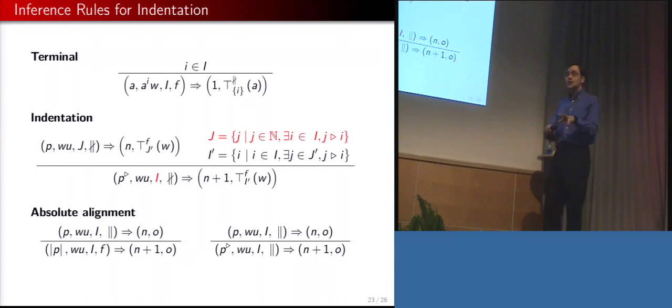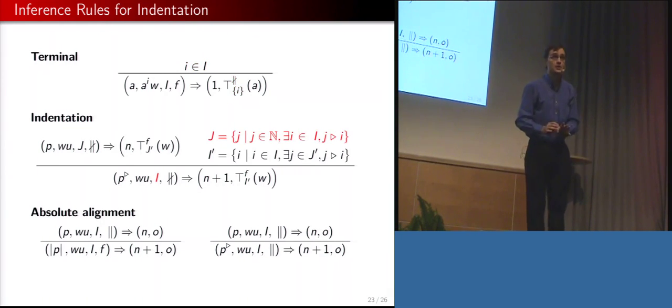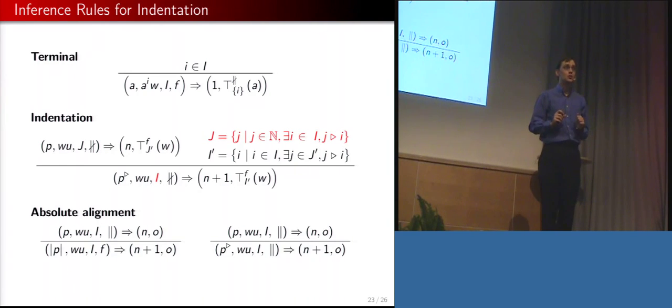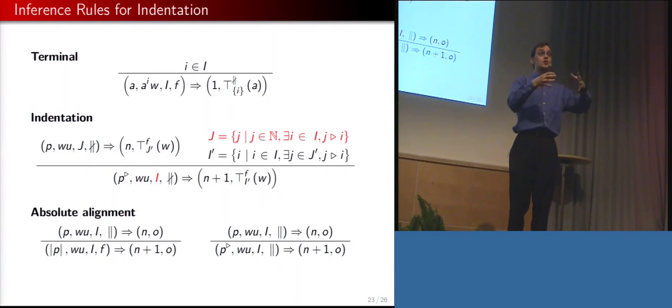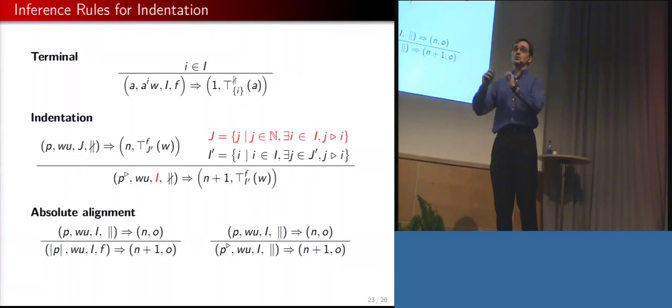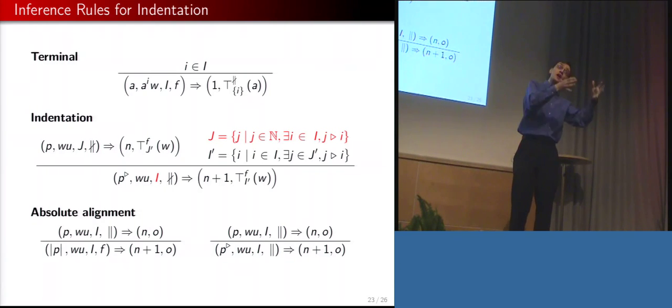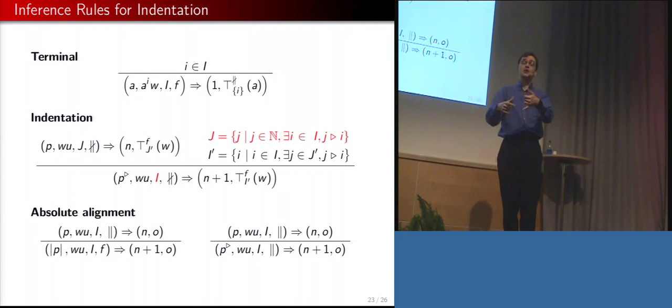Now, in order to handle the greater than and the greater than or equal to operators, we generalize to a local indentation operator for an arbitrary relation triangle. And what we're going to do is we're going to take the indentation set I and say, hey, we're moving to a place where we could go to a greater than or equal to set of indentations. So we're going to find the set of indentations J that match some element of the original indentation set I according to the relation triangle.